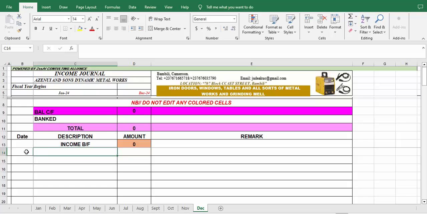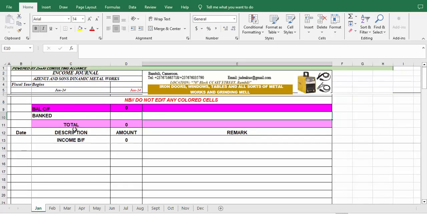For instance, you write a date. The heading is the income journal, the name of the enterprise, and other information.